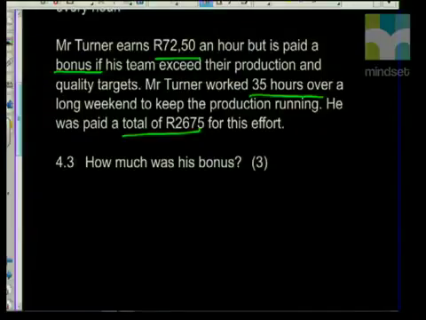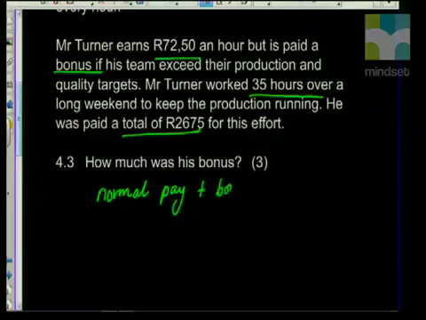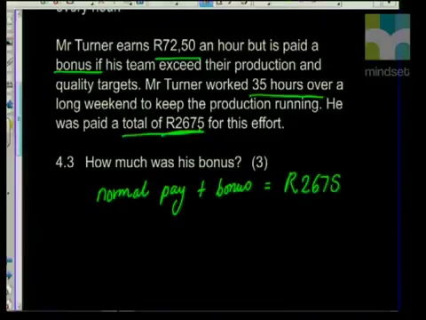Okay, so if we understand this, he has his normal pay plus his bonus to equal the total which they've given us of 2,675 Rand.